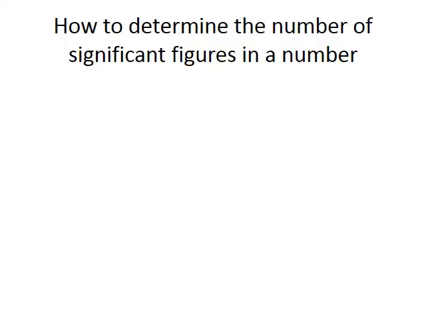So before I show you an example of this calculation rule, first let's talk about how to count the number of significant figures in a number. There are 5 rules for distinguishing between a digit that's considered significant or measured and one that's considered a placeholder. The first one is that any non-zero digit is considered measured or significant.